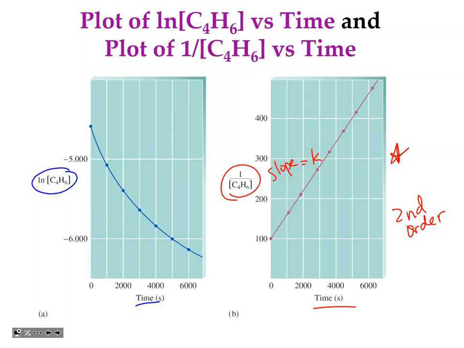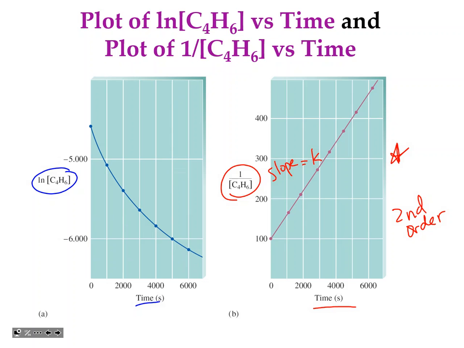If they don't tell you in the problem that it's second order or first order, they either have to give you data where you figure out the graphs, or they have to give you the graphs. There's other ways too that they can hint to you, which I'm going to show you. But most of the time nowadays, it's going to be a graphical analysis that leads you to which order you're dealing with.